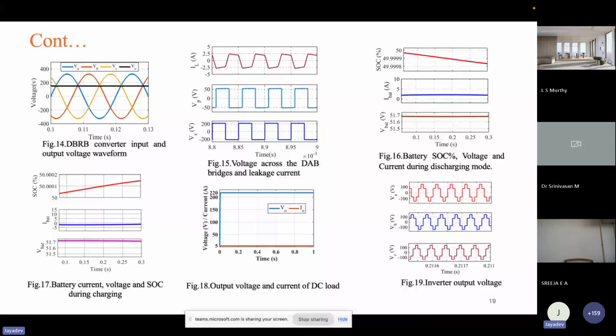The leakage current will be of this shape, and we have checked both the charging and discharging cases.